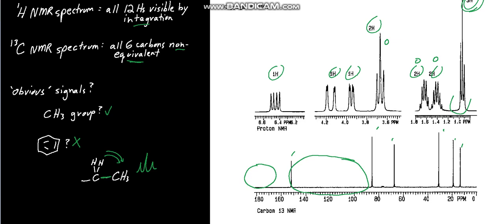Now let's say we go off on the track that maybe this CH2 group is next to the methyl group. This CH2 group is at 3.7 or so ppm, 3.6 something ppm. That would require that our oxygen's there.